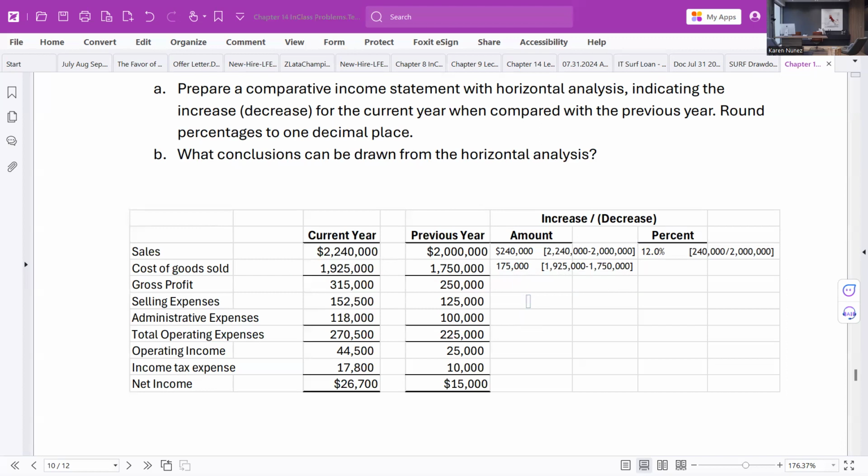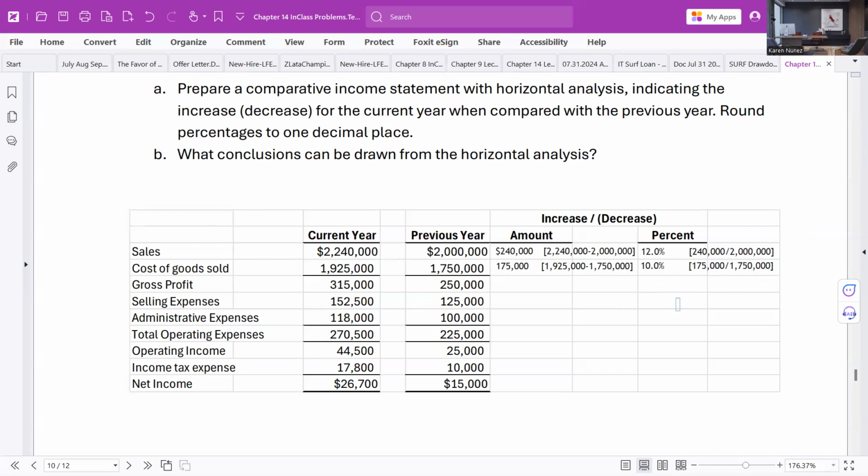And what's the percentage increase in that cost of goods sold? Well, that $175,000 represents a 10% increase. That 175,000 divided by 1,750,000 is a 10% increase.